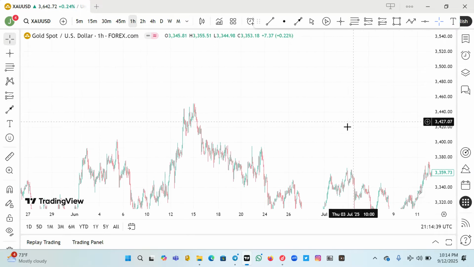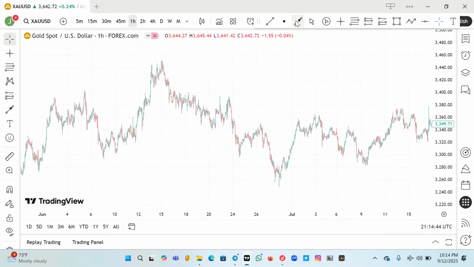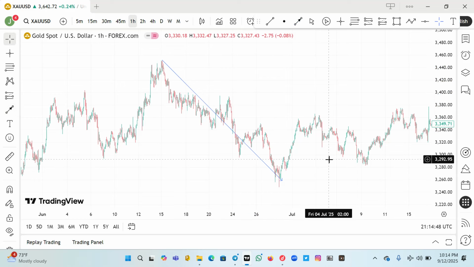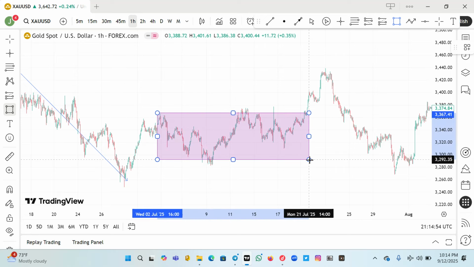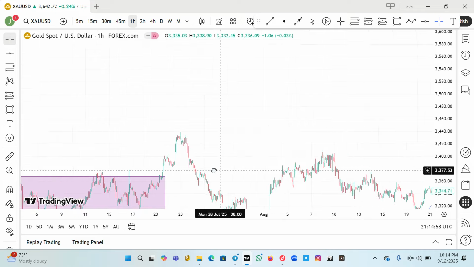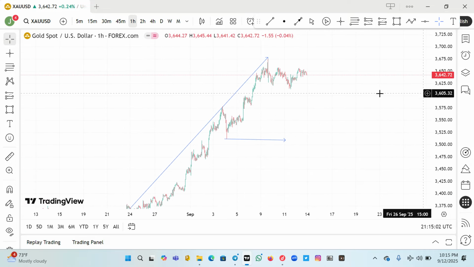In this case here, you will notice that XAUUSD moved downward here. Then in this case here, XAUUSD moved sideways. So these are the three types of trend. We have the uptrend, the downtrend, and the sideways market.